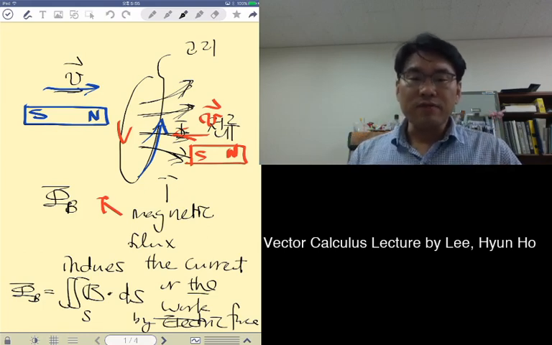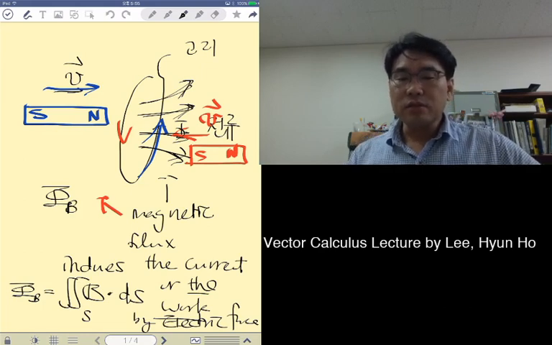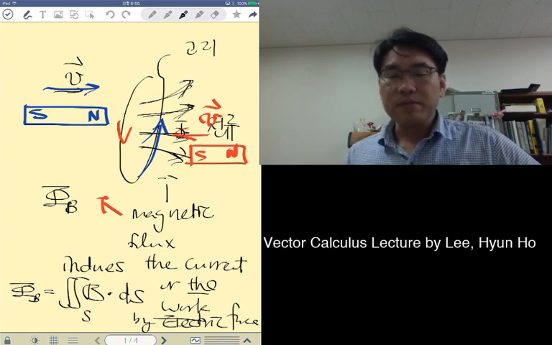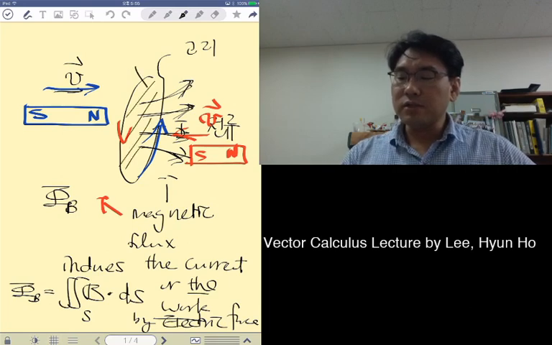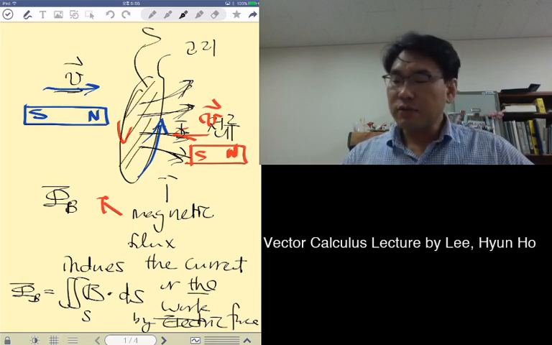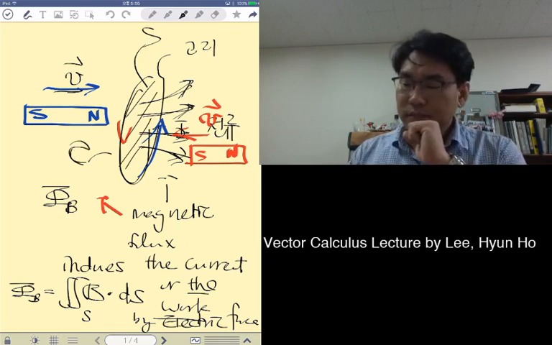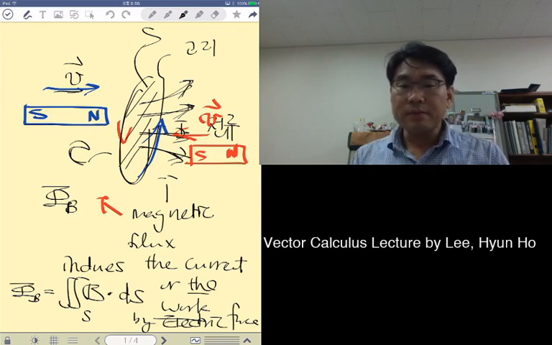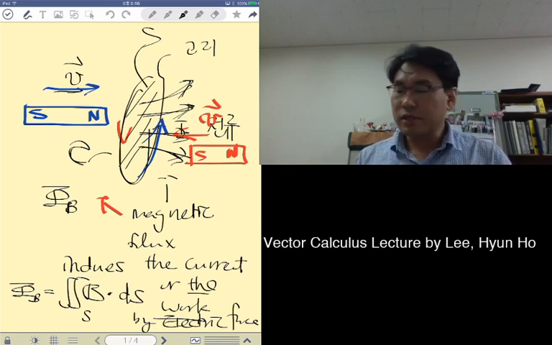So what's the flux of this magnetic field? We say that this Φ_B is the flux of this magnetic field throughout this surface S. Here is the surface S, and this is the boundary, which we call C. The surface integral of the vector field is the flux here.